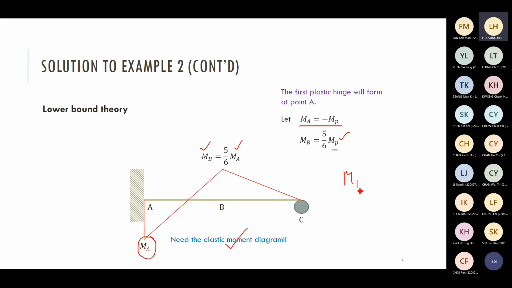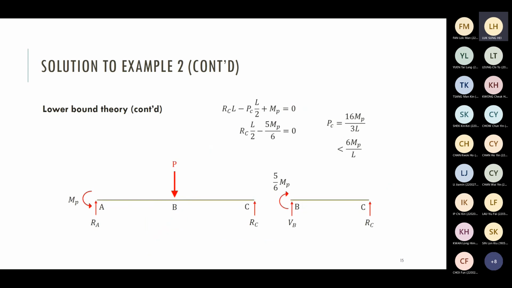MP is equal to the yield strength times the plastic modulus, so MP is a well-defined number that depends on the cross section. So we have some extra conditions for this problem. Then what next? Next, we have to apply our equilibrium equations.